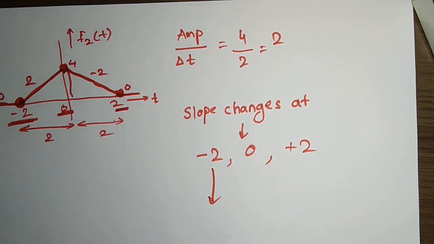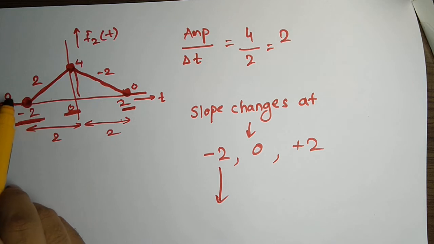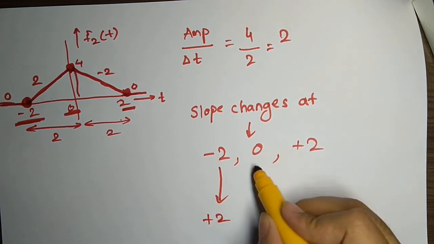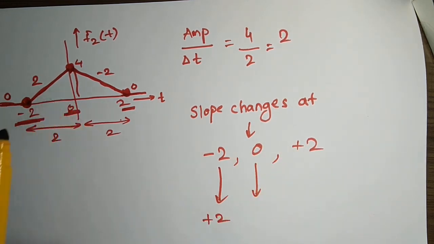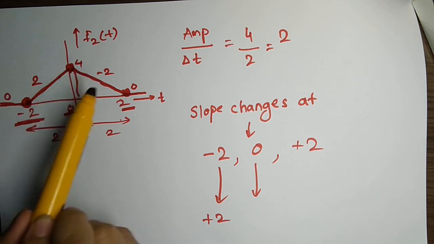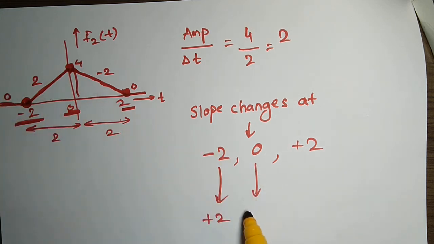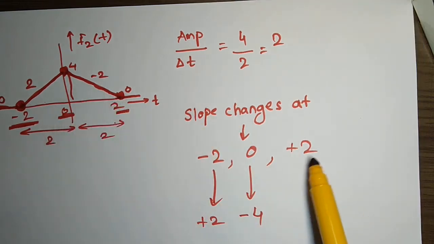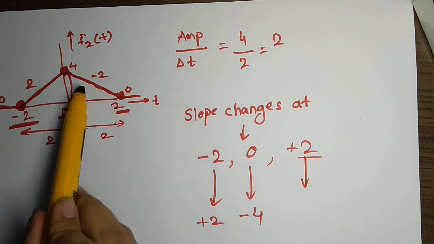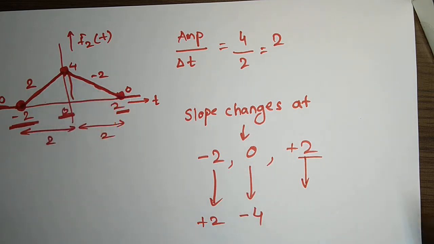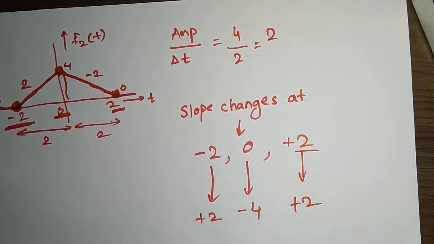And at minus 2, the slope changes from 0 to 2, that is the change is 2 minus 0, that is 2. Then at t equal to 0, the slope changes from 2 to minus 2. So the change is minus 2 minus 2, that is minus 4, correct? And at t equal to 2, the change is from minus 2 to 0, that is 0 minus minus 2, that is plus 2, correct?